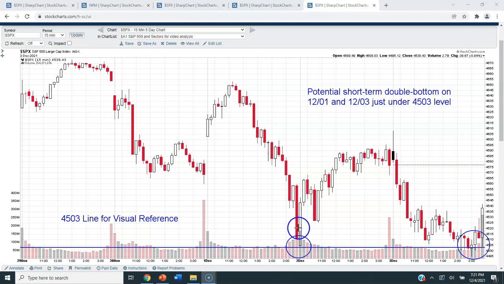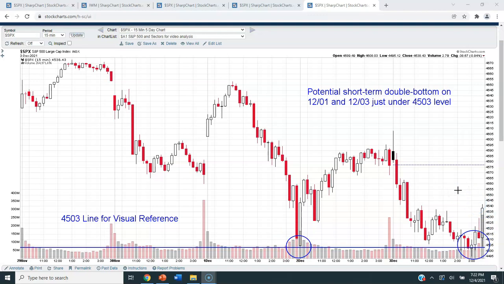So to me, though, this is encouraging. We have a possible short-term double bottom here, and you can look at this in 15-minute charts, 30-minute charts, hourly charts, or whatever, and you're going to come up with a very similar potential, where the trading during the last hour of trading on Friday the 3rd undercut the trading from earlier in the week. And that to me is encouraging.